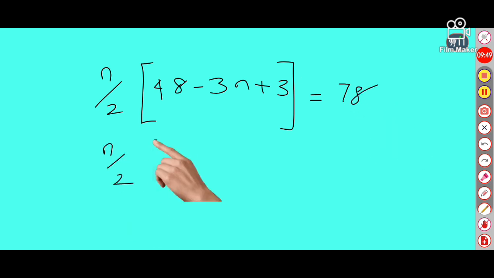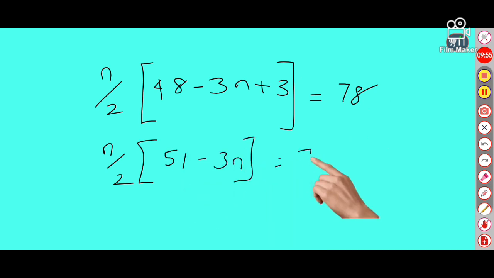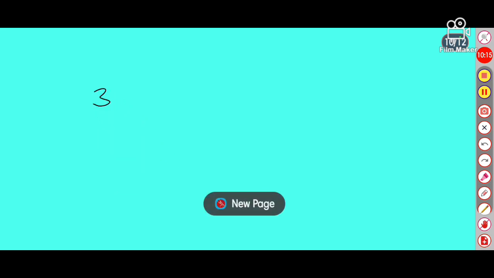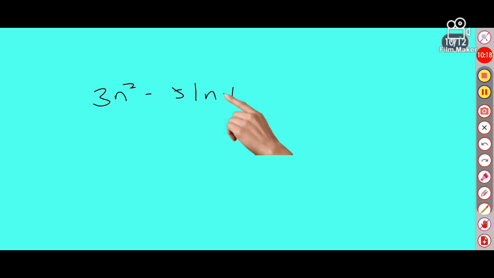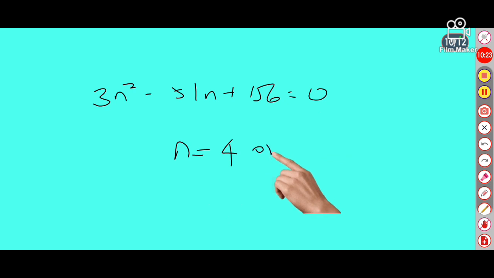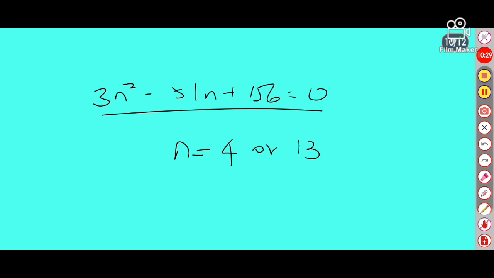So n by 2 into 51 minus 3n equals 78, right? Okay, multiplying 2 on both sides, you get 51n minus 3n square equals 156. So 3n square minus 51n plus 156 is equal to 0. Therefore, the value of n gives you 4 or 13, by splitting the middle term.